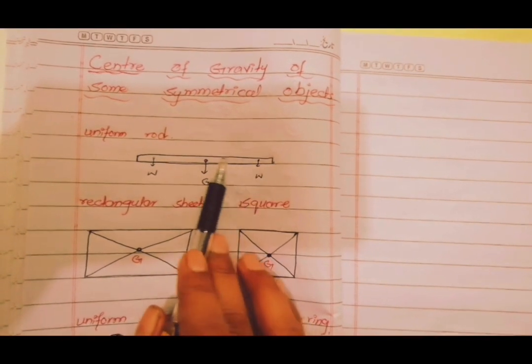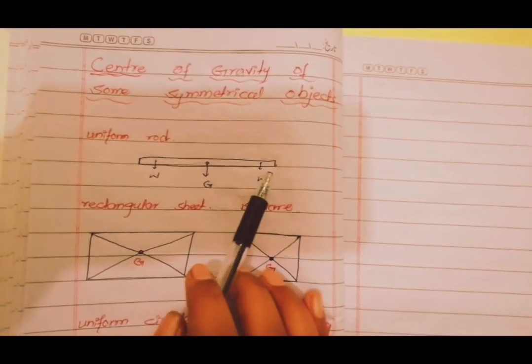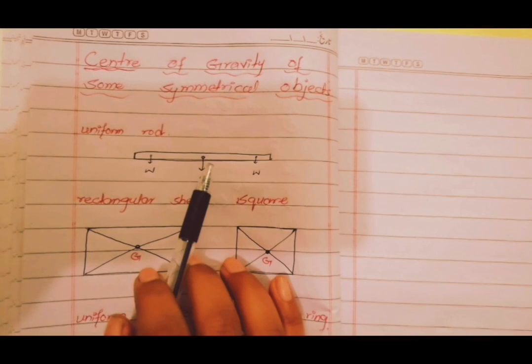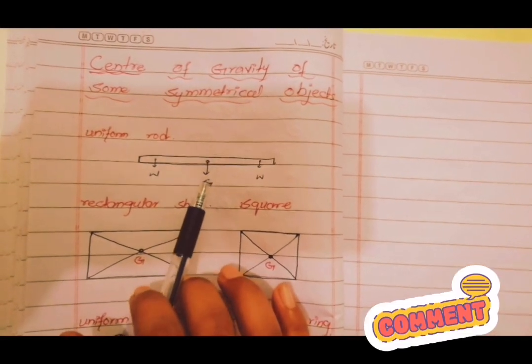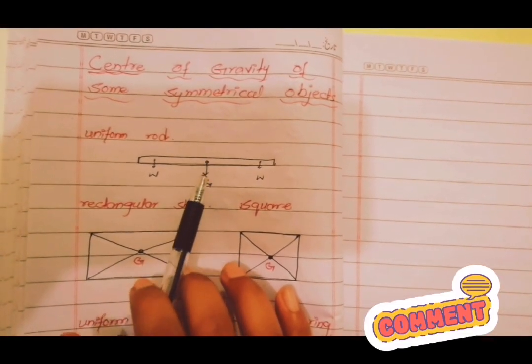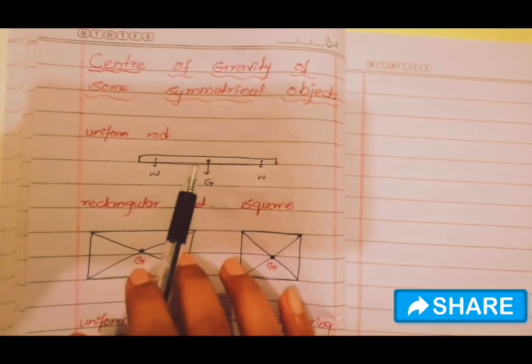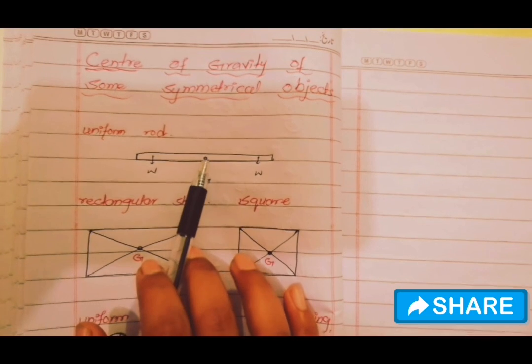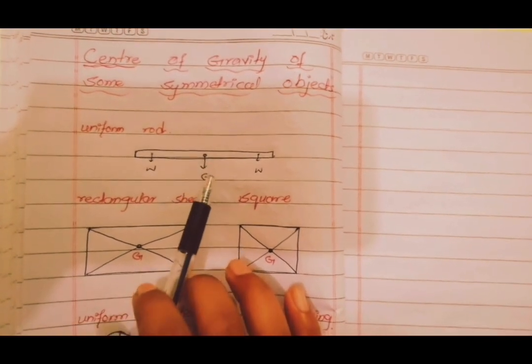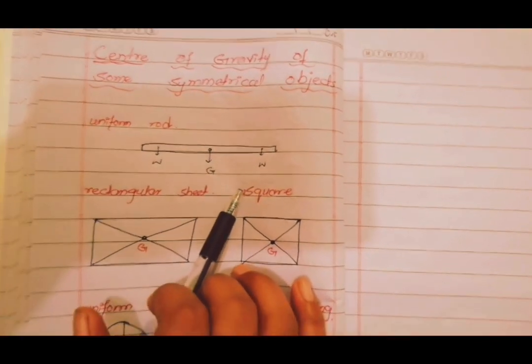When we find the resultant force, that becomes equal to the resultant weight, which is approximately the center of gravity. So in a uniform rod, the middle point is the center of gravity.